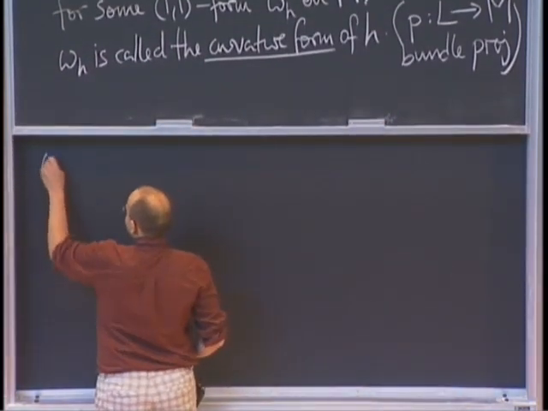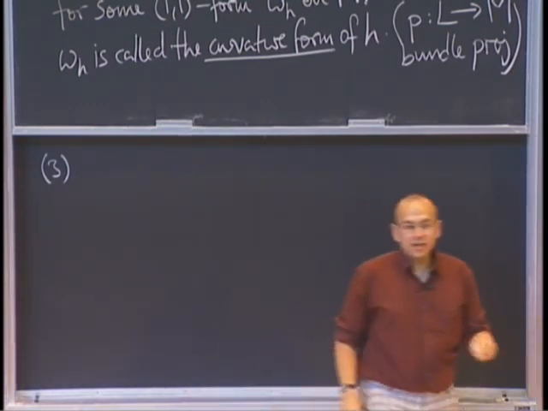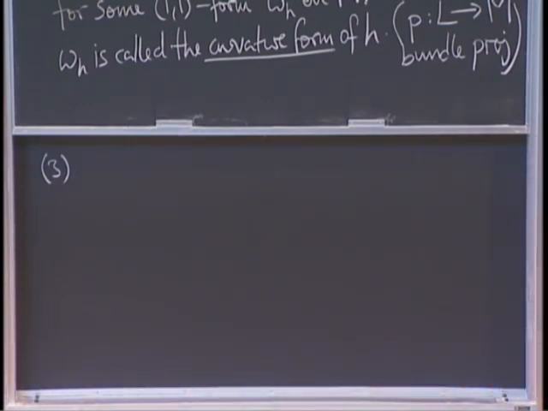The third statement is that the curvature form actually defines an invariant of the line bundle, a topological invariant, independent of what Hermitian metric I used to define it.